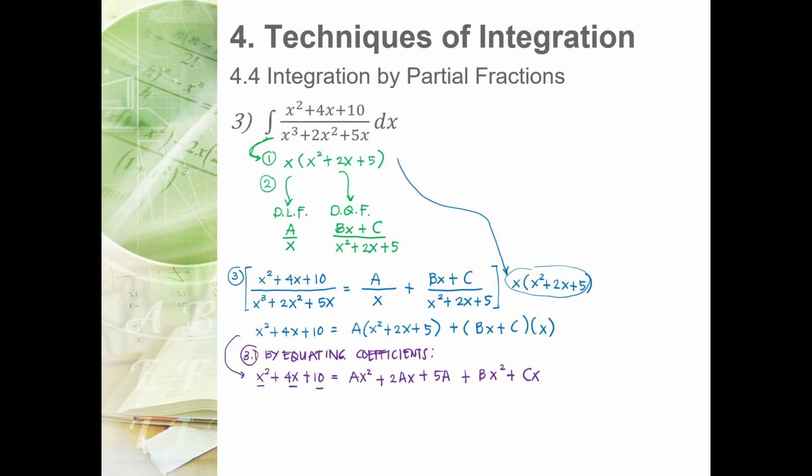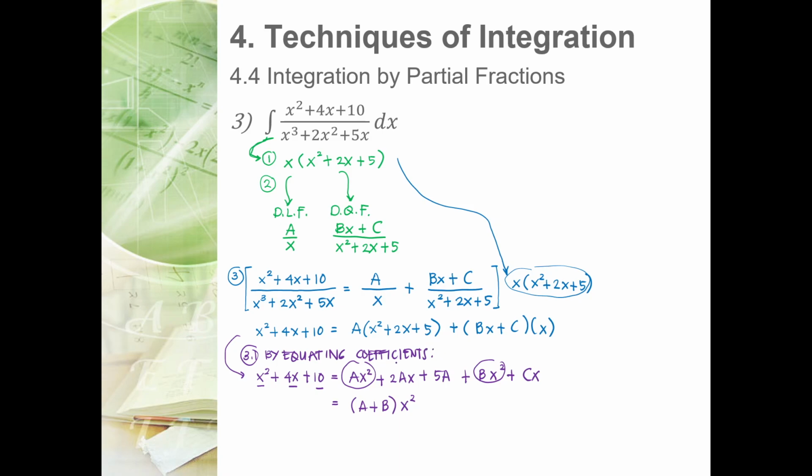So again, we have an x squared term, an x term, and then 10. We need to group together x squared first, and then the x terms, and then the constant terms. So grouping together the x squared terms first, ax squared and bx squared, this one is a plus b times x squared. I just group them together immediately, or I just factored out x squared in the process.